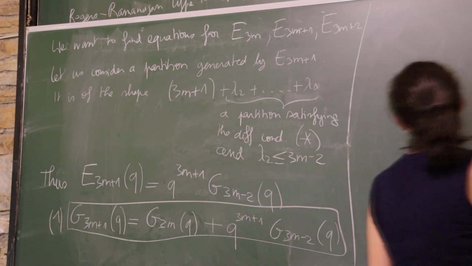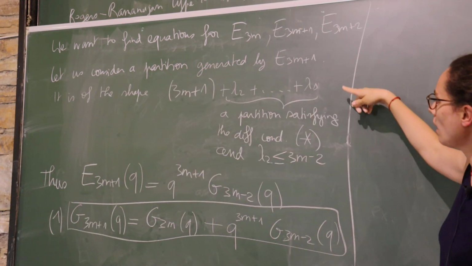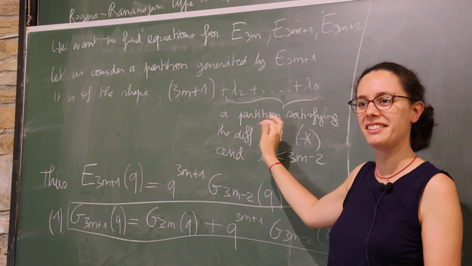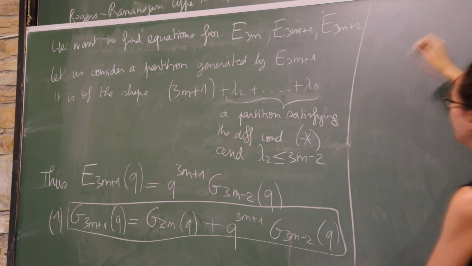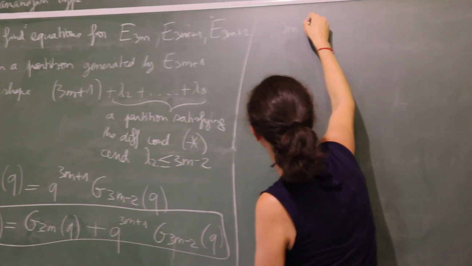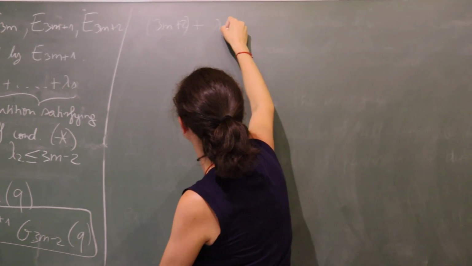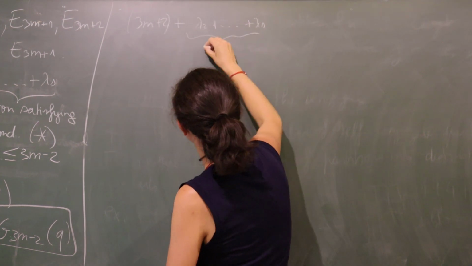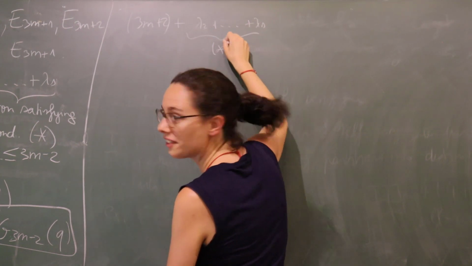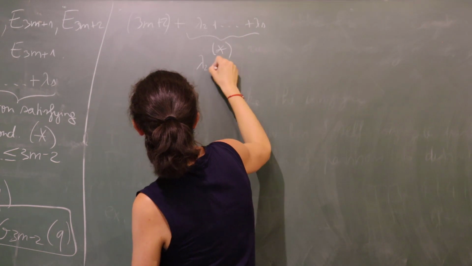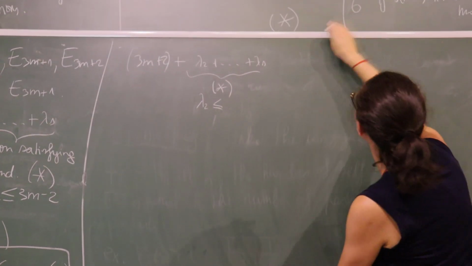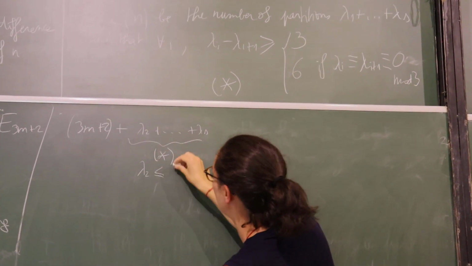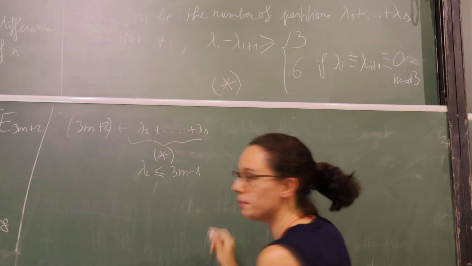The case for 3m+2 works exactly in the same way, so maybe I go fast or almost don't do it. You have something like 3m+2, plus again some other partition, and that satisfies the difference condition star, and also you have that lambda 2 is at most, using the first condition again, because this is not divisible by 3, 3m-1.